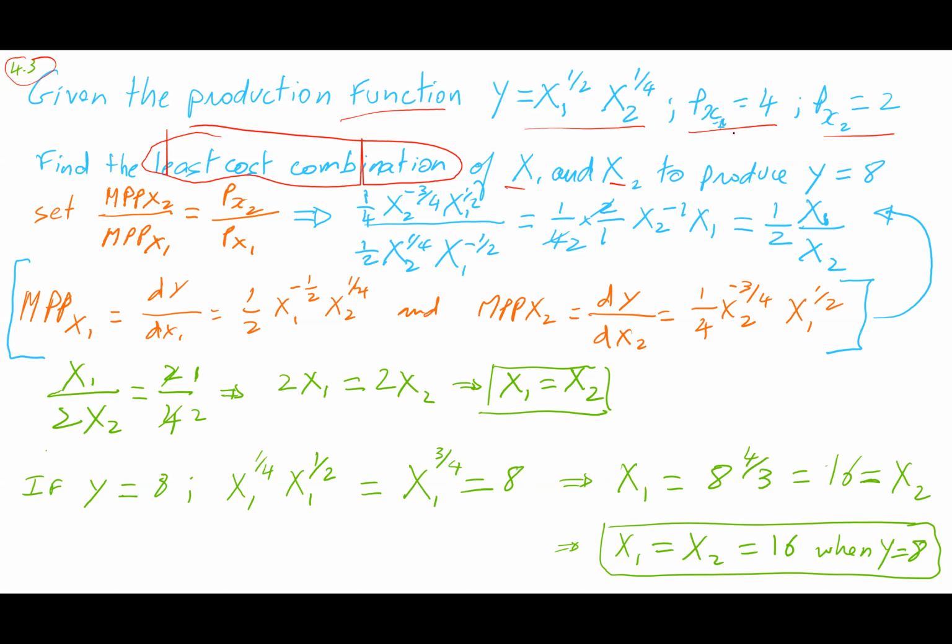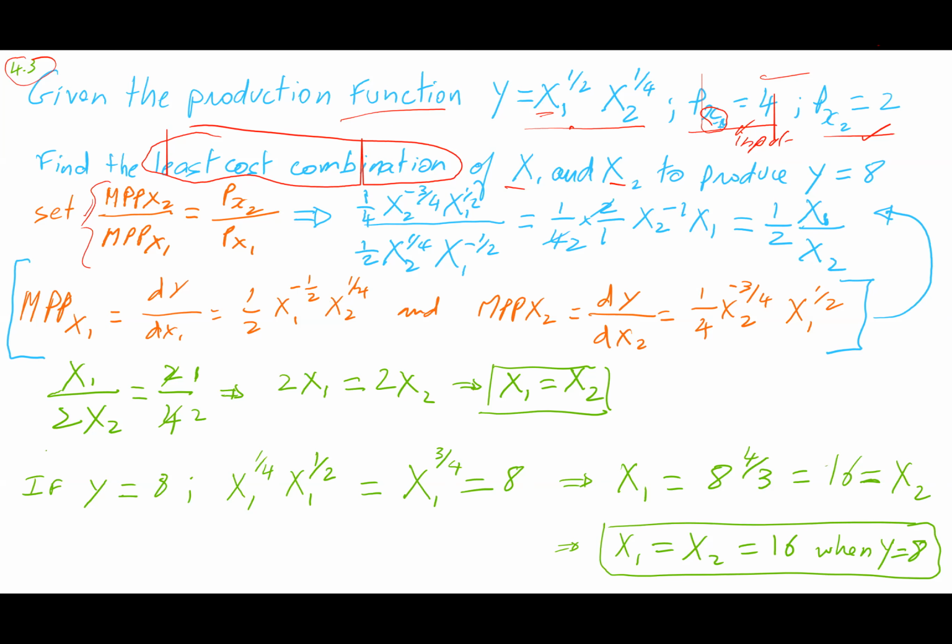If you have input prices, the least cost combination is the formula that we had before, that the two slopes are equal: the slope of the isoquant and the slope given by the prices of x1 and x2, the input prices. The x's are the input quantities. And so given the information about the output function and input cost, right?